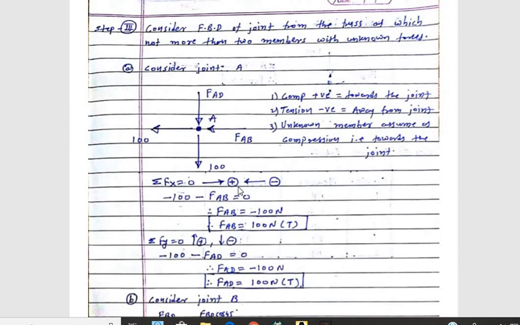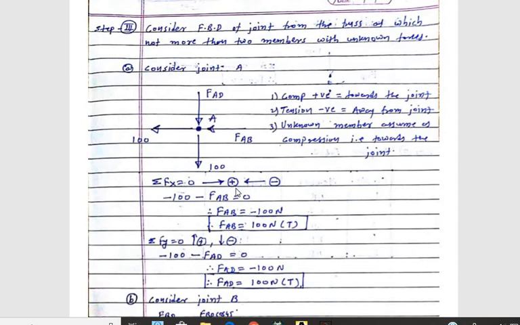Now step number 3. After calculating the support reactions, in step number 3 we have to consider the FBD of a joint, and we have already discussed that we have to consider such a joint at which there should not be more than two unknowns.